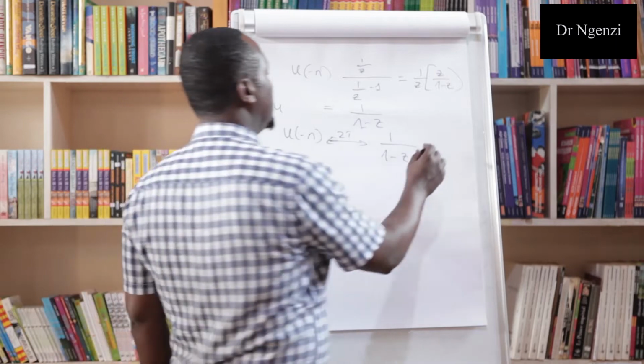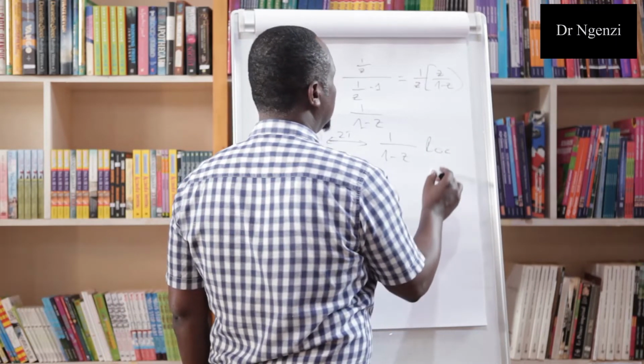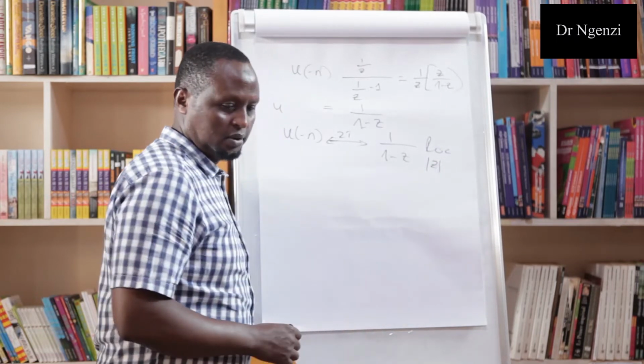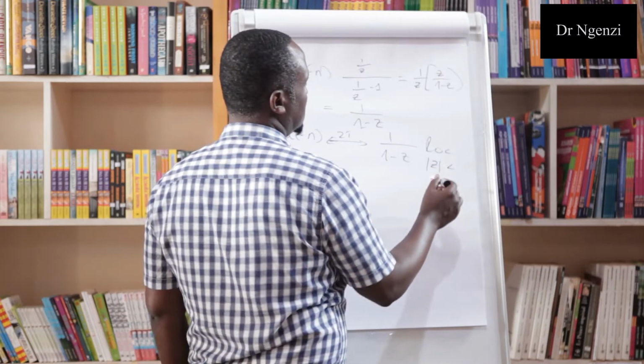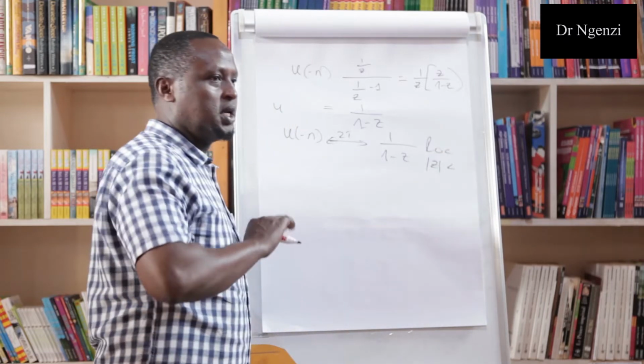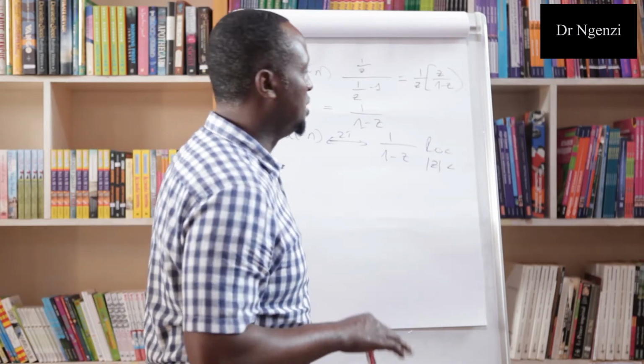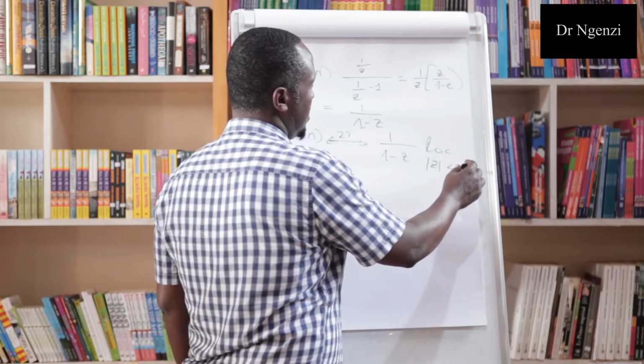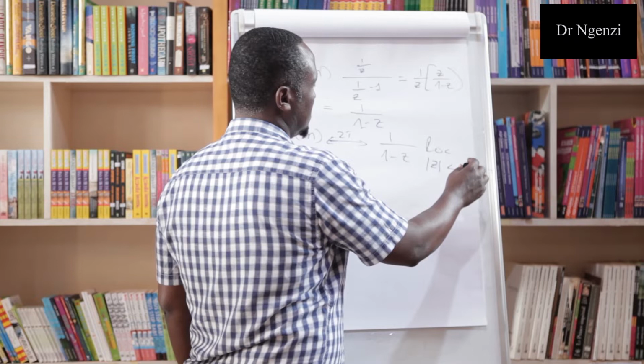And on this side, the region of convergence is going to be modulus Z less than, and when they say less than, it's going to be from the external Z transform.